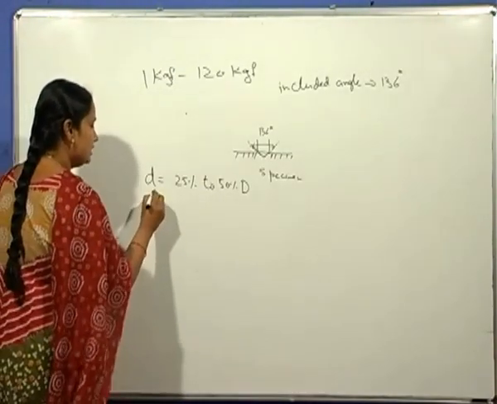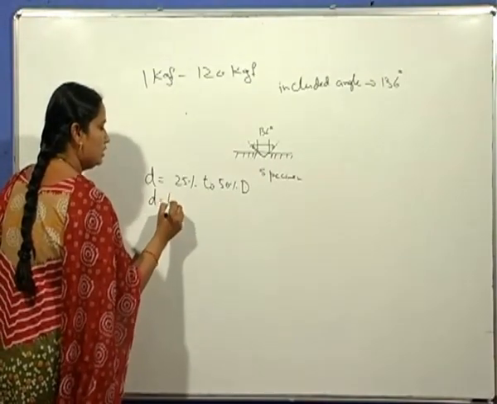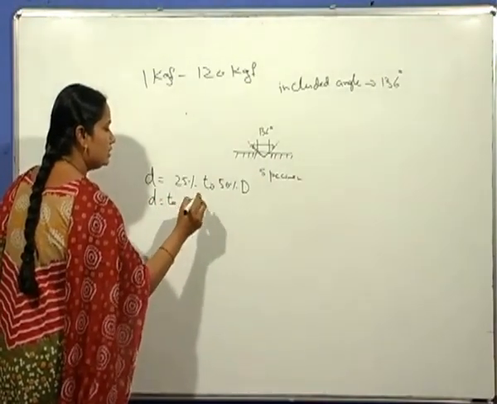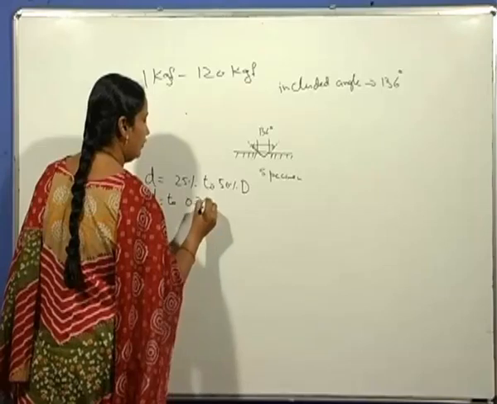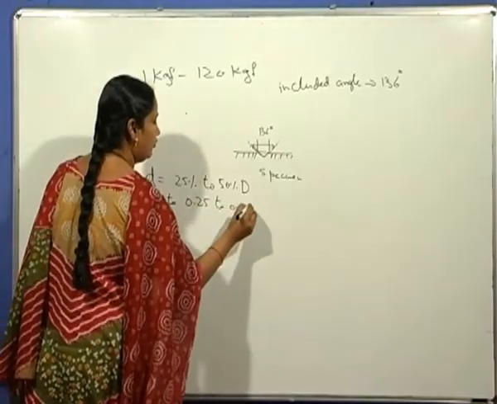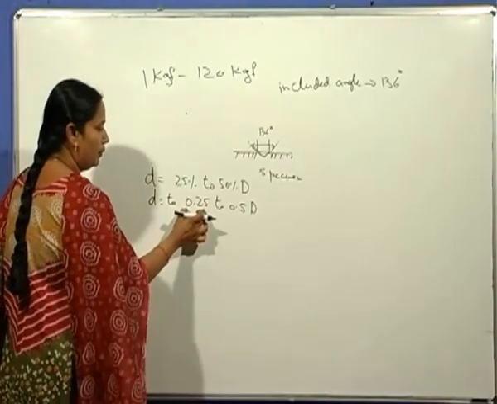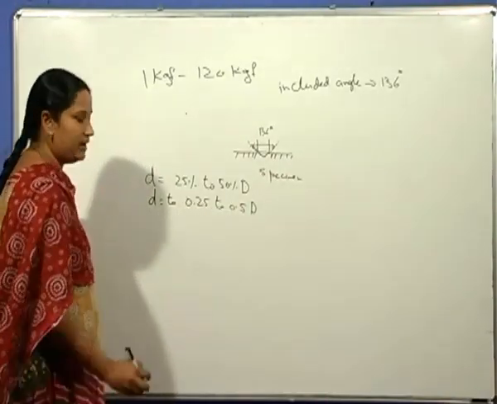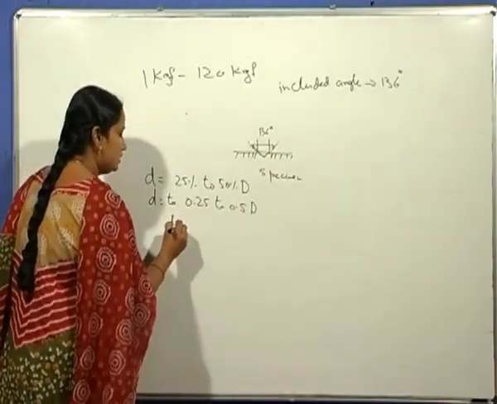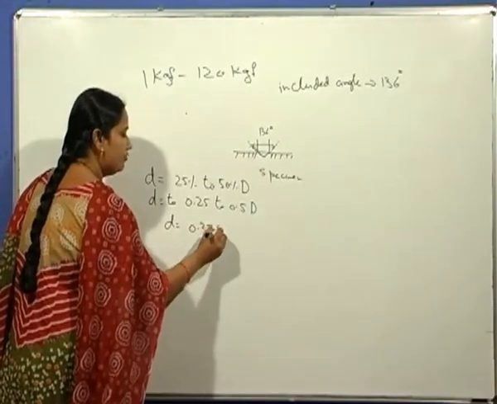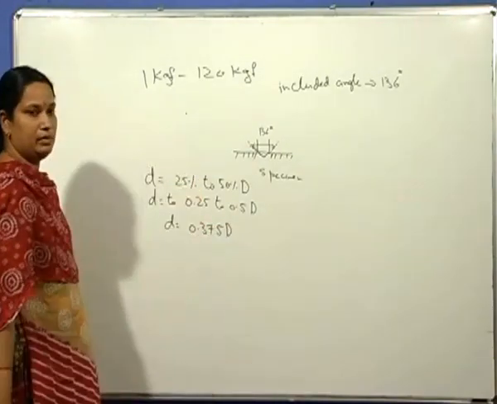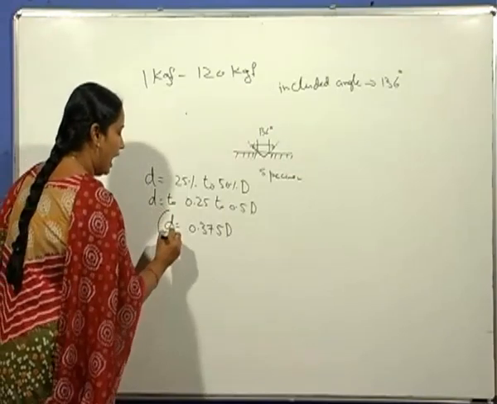So small d should be in the range 0.25 to 0.5 times D. The average of 0.25 and 0.5 comes to about 0.375 D.